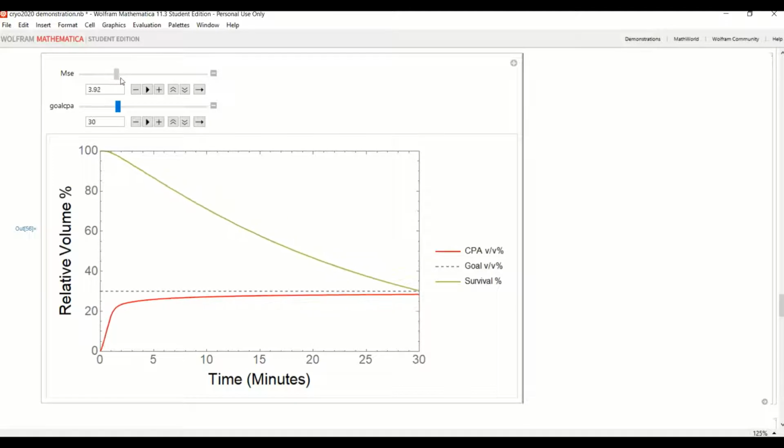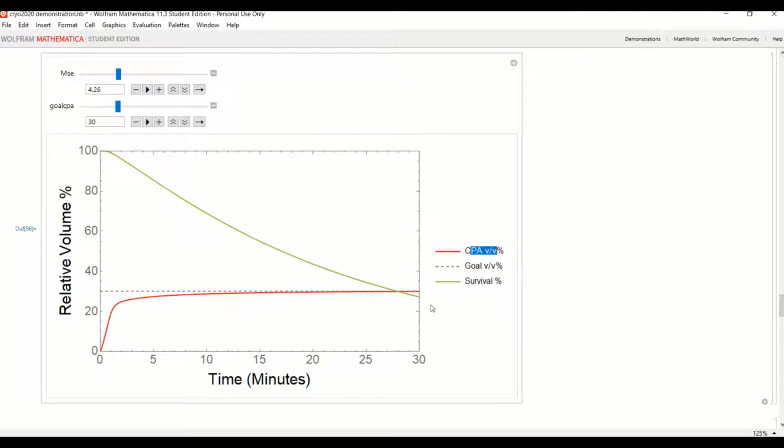Now let's say we want to get to our goal CPA. So if we were just underneath it and we equilibrate just to it, it takes a decent amount of time to go and equilibrate with it. Now, while it takes all that time to equilibrate, the amount of cells that die throughout that time increases because of that accumulation of cytotoxicity.